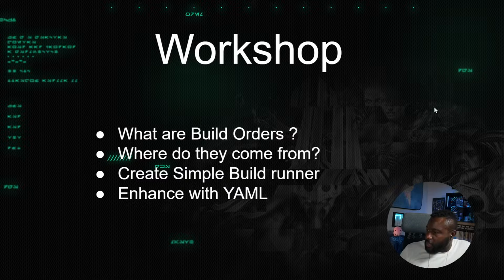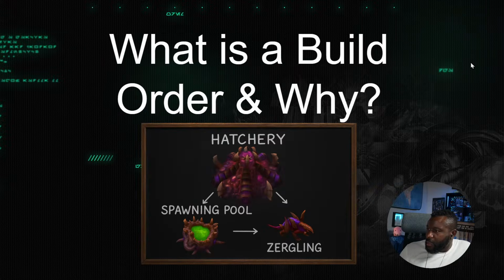So first up, what are build orders, and why do we want build orders? Build orders are like little recipes. Essentially, the game of StarCraft 2 follows steps, almost rule-based steps, if you're from programming, where it's if this, then that.